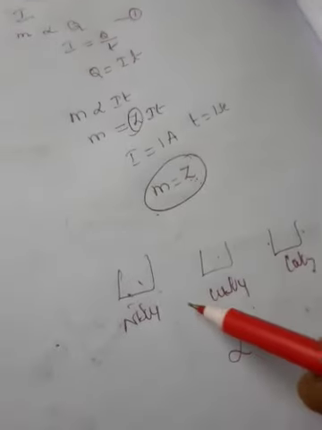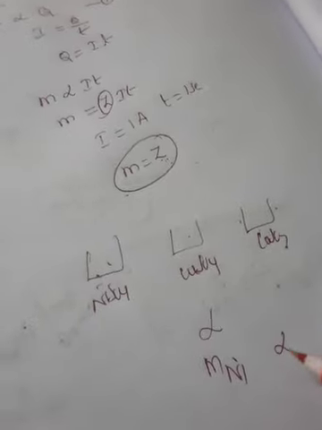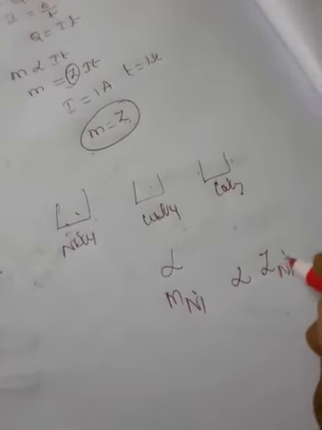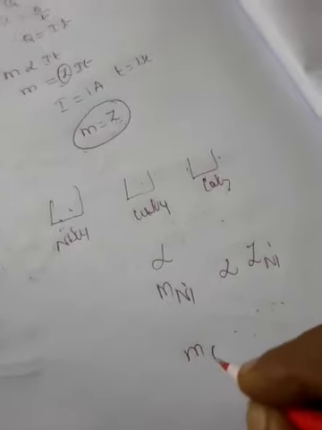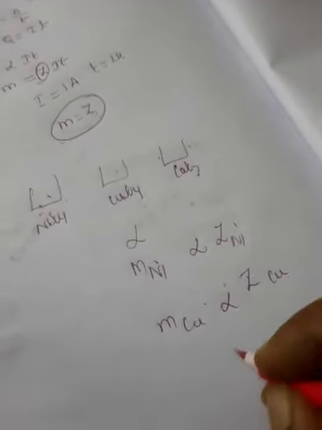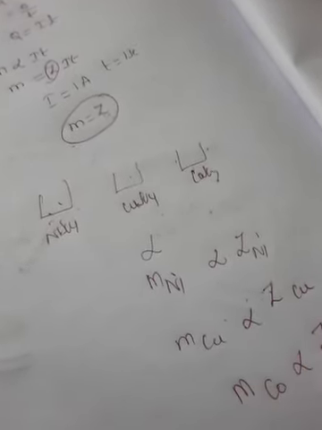First law means M proportional to Q. Second law: mass of nickel is directly proportional to Z of nickel, where Z means the electrochemical equivalent of nickel. Like this, mass of copper is directly proportional to the electrochemical equivalent of copper, and mass of cobalt is directly proportional to the electrochemical equivalent of cobalt.